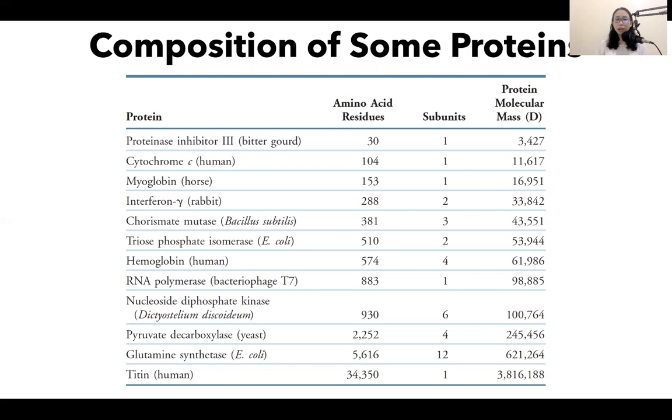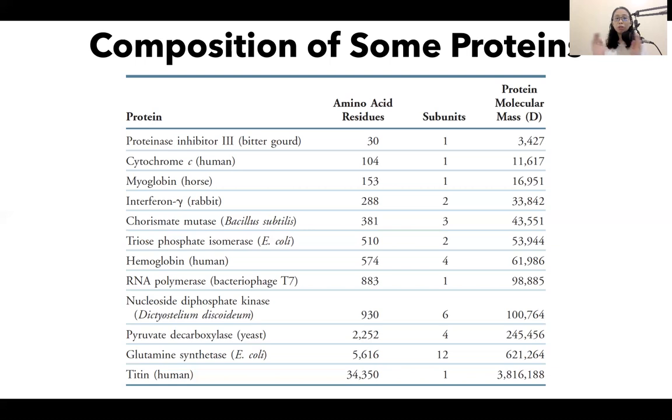Now, on the other end of the spectrum, we have again titin, which is the largest protein known to date. This protein has 34,000 plus amino acids. It's 1,000 times the number of amino acid residues of the proteinase inhibitor 3.